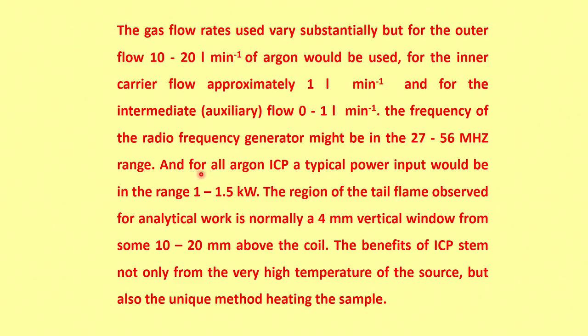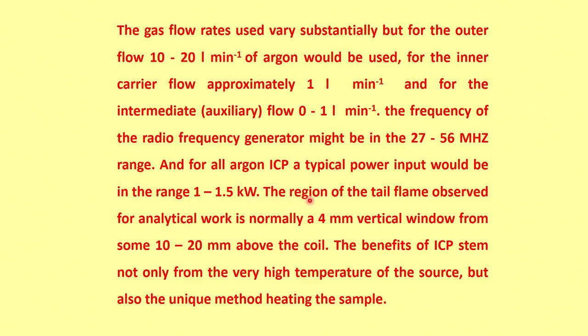For an all-argon ICP, a typical power input would be in the range of 1 to 1.5 kilowatt. That means the power required to put the sample into the toroid space of the plasma is about 1 to 1.5 kilowatt.